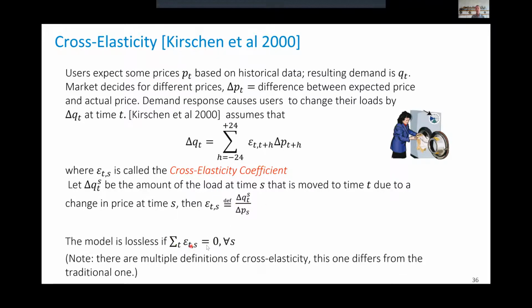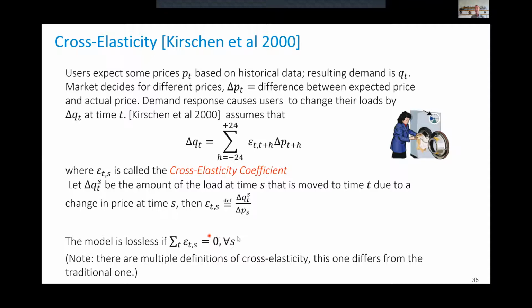The model is lossless if the sum over all t of a reduction in price at time s is 0, which means we have pure shifting of loads. If this is not the case, if it's positive, then this means we have negative losses. So the demand response event might cause an increase in consumption.